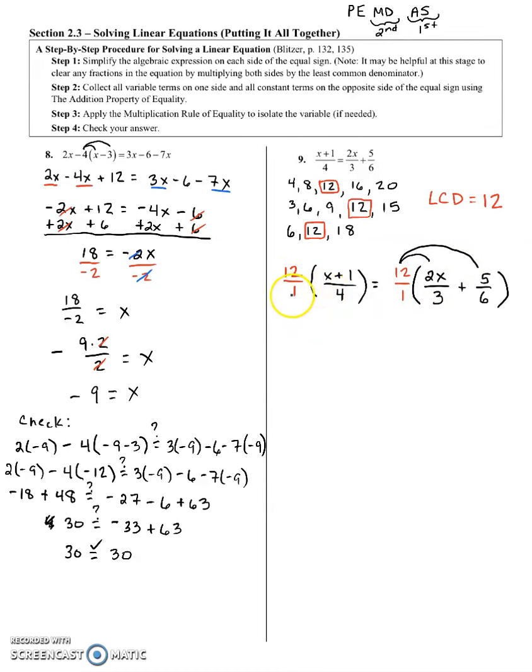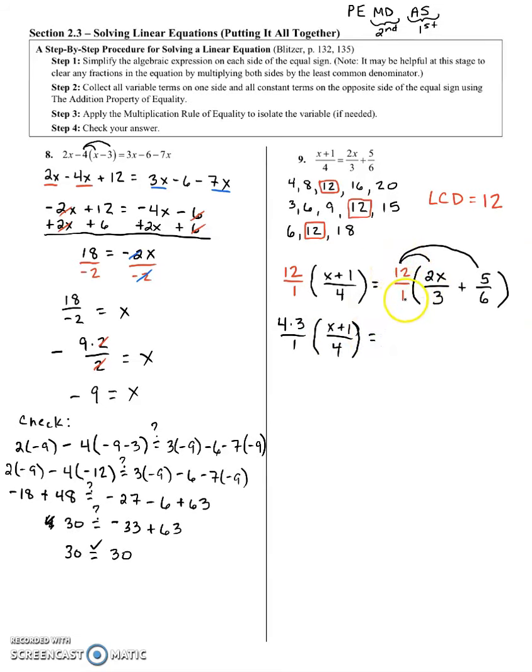So, on the left-hand side, 12 is 4 times 3. So let's write 4 times 3 over 1, and that's times the x plus 1 over 4.